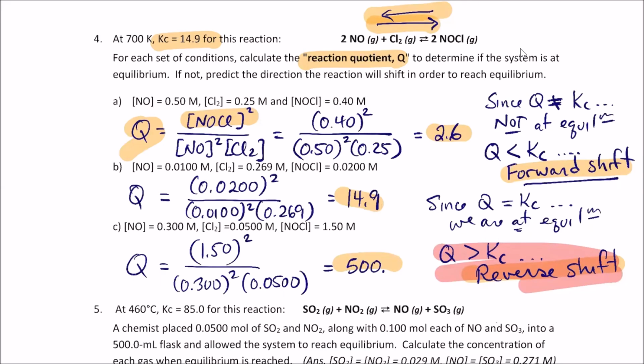If you memorize just that one, that when Q is bigger than Kc, it shifts backwards to reach equilibrium, then don't the others just become obvious? When Q is less than Kc, we go forwards. And if Q is equal to Kc, you don't shift at all, you're at equilibrium. Okay? So memorize that last situation. That's the most important one.